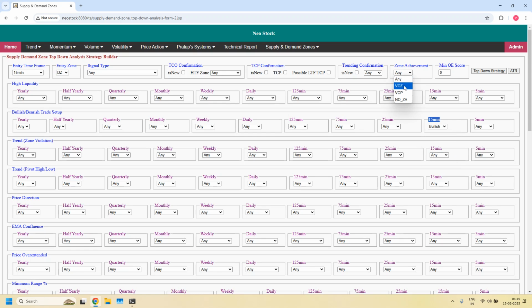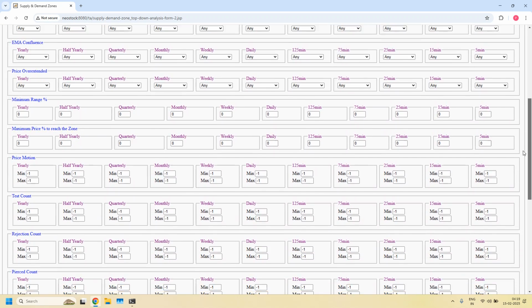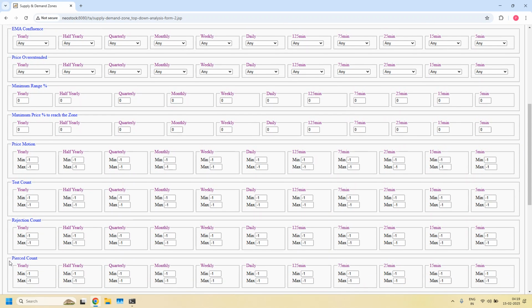And zone achievement violated opposing zone. Minimum odd enhancer score should be 12. And the 15 minutes demand zone should not be pierced. So that's why in the pierced count, at 15 minutes time frame I am setting minimum value 0, maximum value 0. That means pierced count is 0. Pierced count 0 means zone is not pierced.